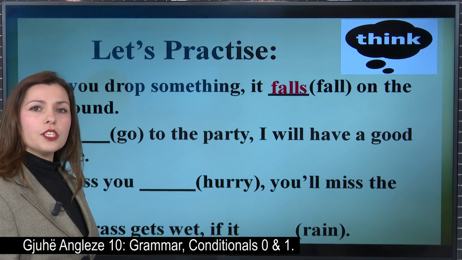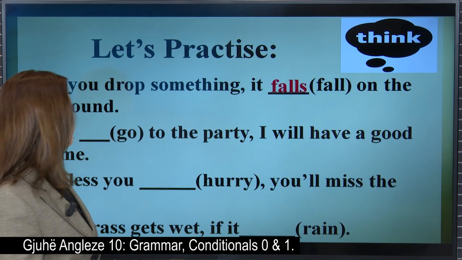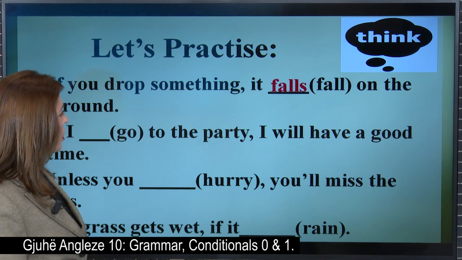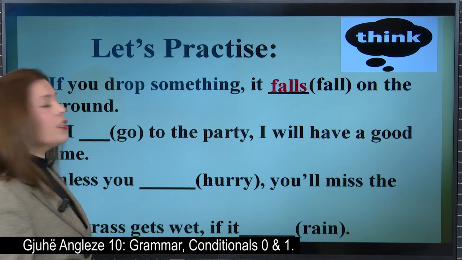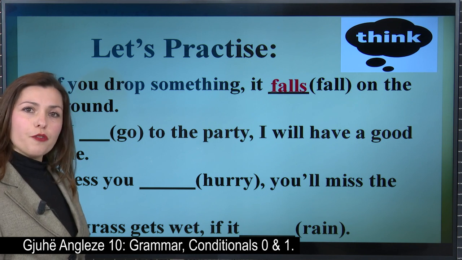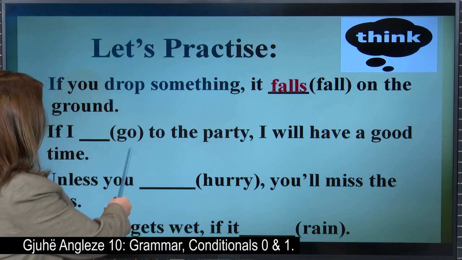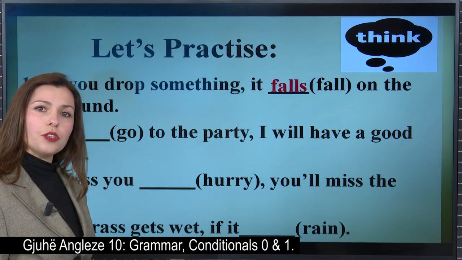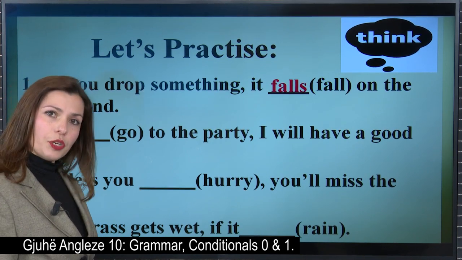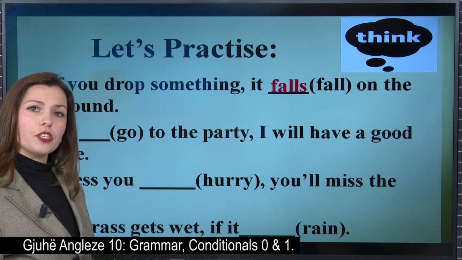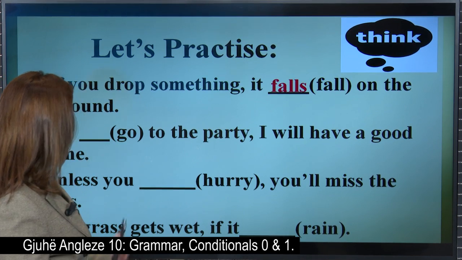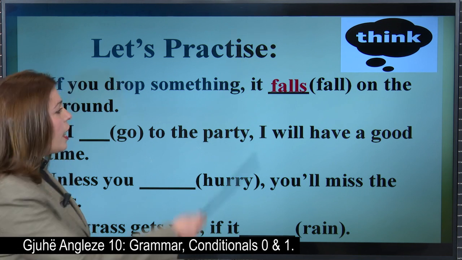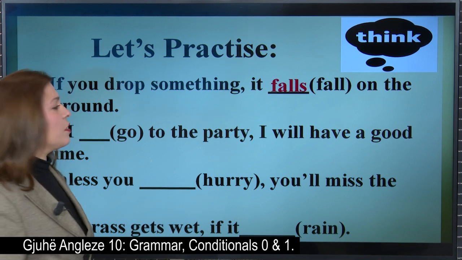All right. Let's continue with the second example. If I go to the party, I will have a good time. The verb that you need to use is the verb go. Again, we said that you need to determine whether it is the zero conditional or the first conditional. So, it's easier for you if you take a look at the second part of the sentence.